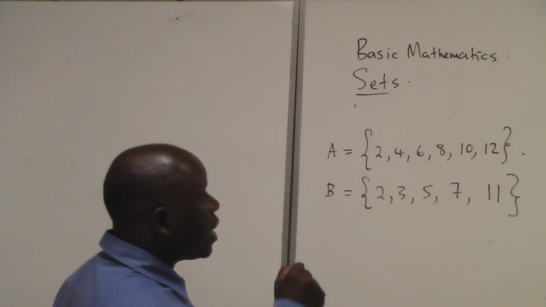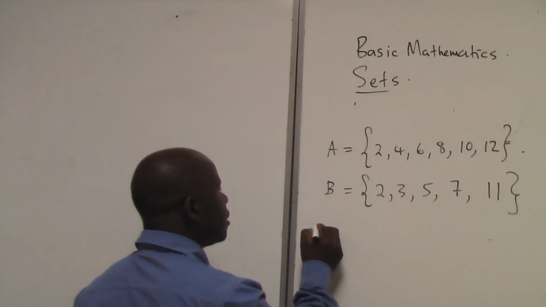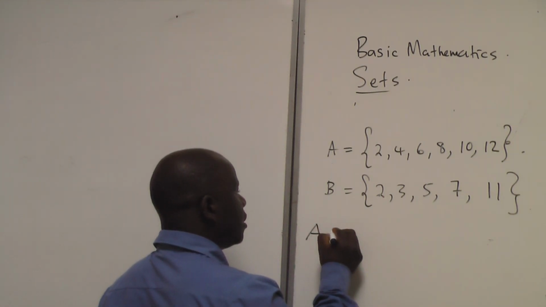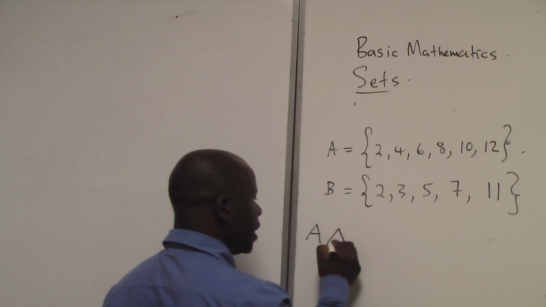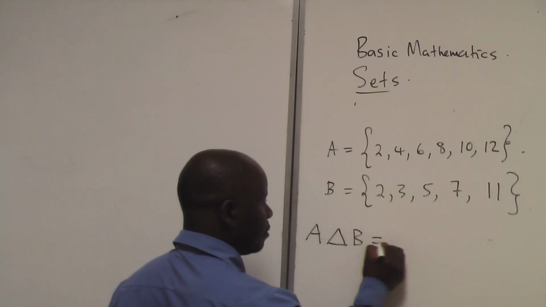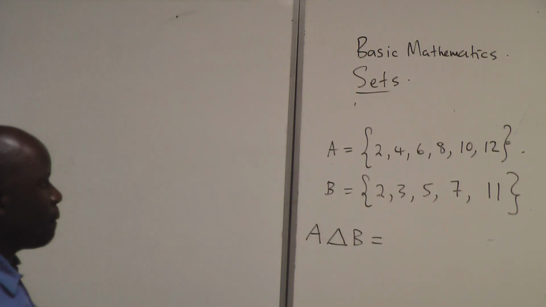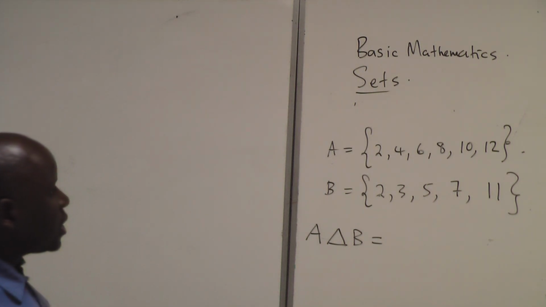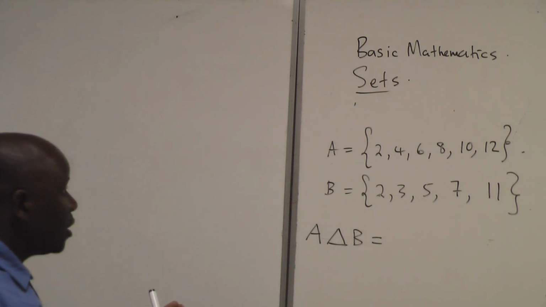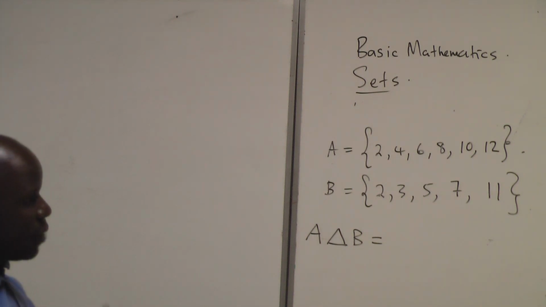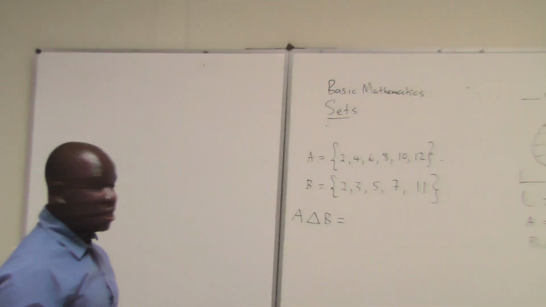Now, what is A symmetric difference B? A symmetric difference B. All elements that are found in A and also in B, but not in the intersection. Do we have anything in the intersection? Yes.